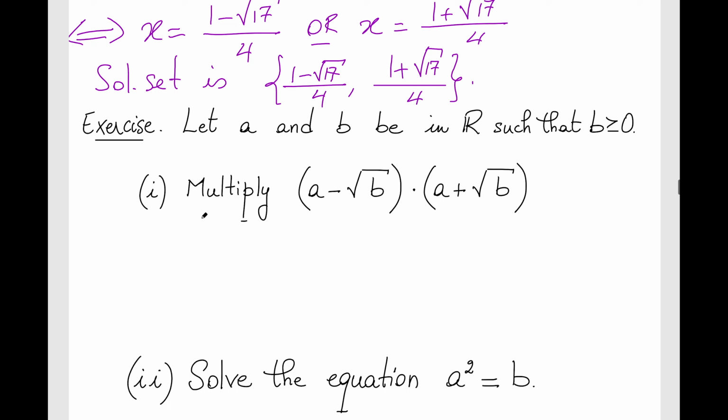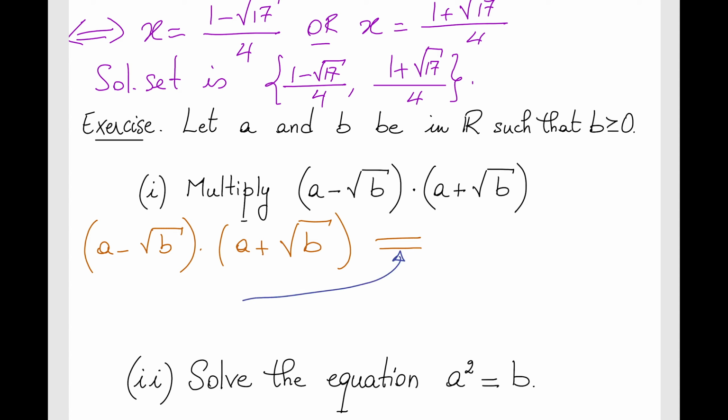Okay, so the question is to multiply. So this guy, a minus square root of b times a plus square root of b is equal to, by, so we're gonna use asterisk on page 2, right?